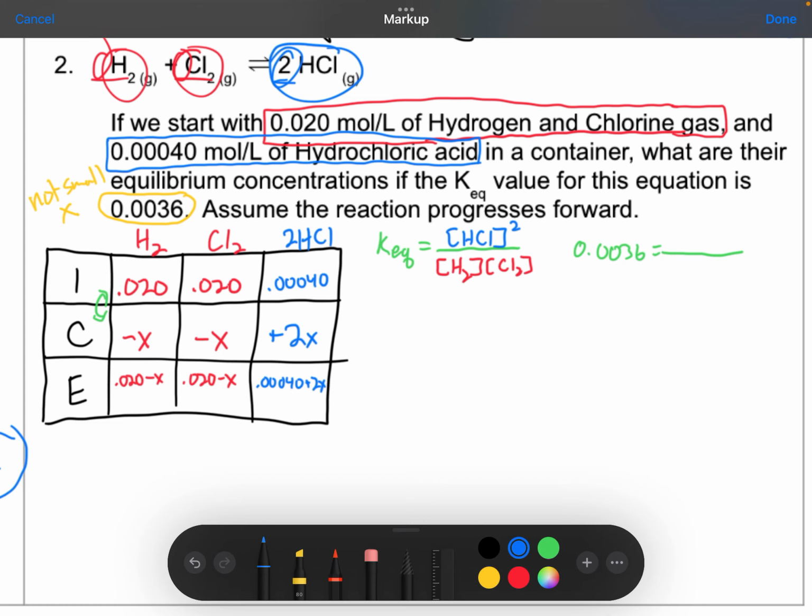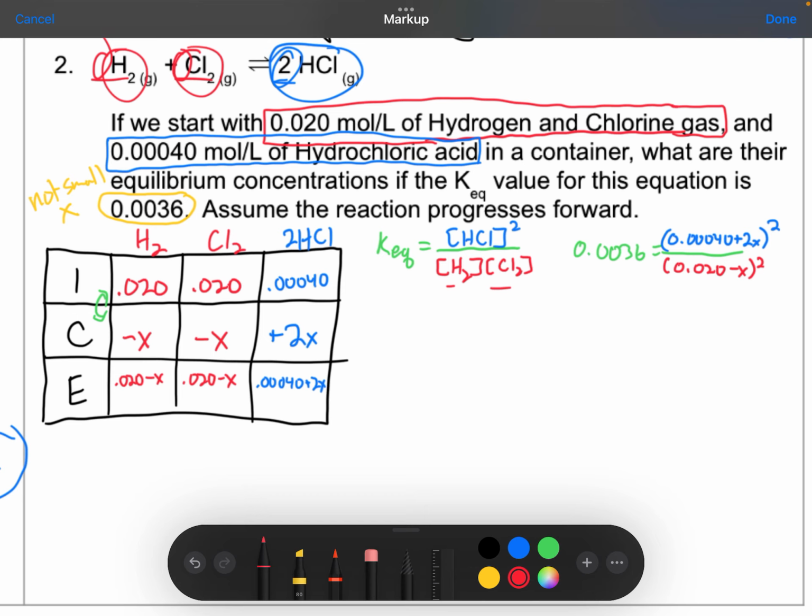So on top, I have my 0.00040 plus 2x squared. And then on the bottom, I have my 0.020 minus x, and that is actually also squared because really we're counting that twice, because we have our H2 and our Cl2 and both of those were the same, so I just went ahead and squared it right there.